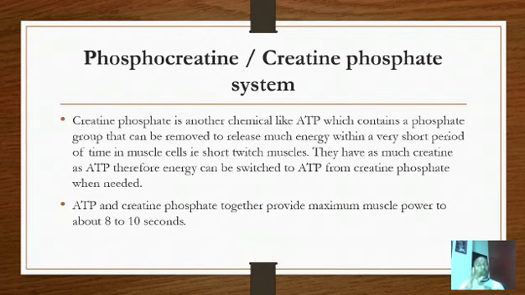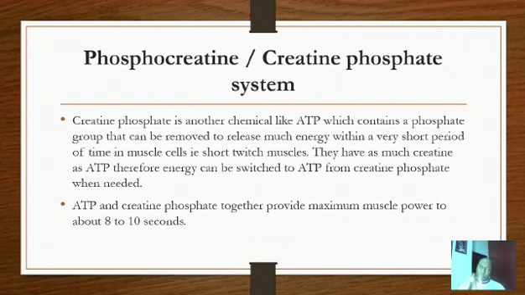So they are very rapid contractions, meaning they require a quick supply of energy. Remember, muscle contraction requires energy. So in the short twitch muscles, they have both creatine phosphate, they also have ATP. But that quick supply of energy is provided by creatine phosphate.